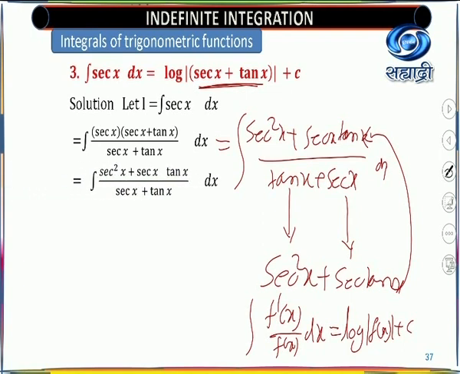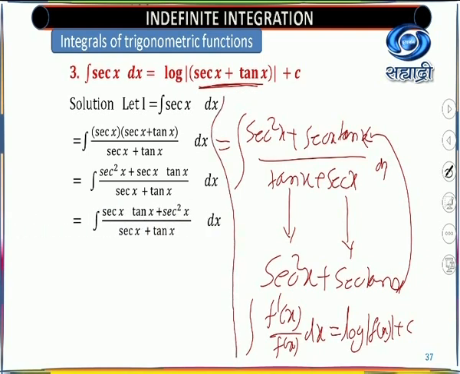So you will get your value as integration of sec square x plus sec x tan x upon sec x plus tan x dx. This is my working to show you the values. So sec x tan x plus sec square x upon sec x plus tan x means they are interchanged here, or you have to interchange in the denominator.